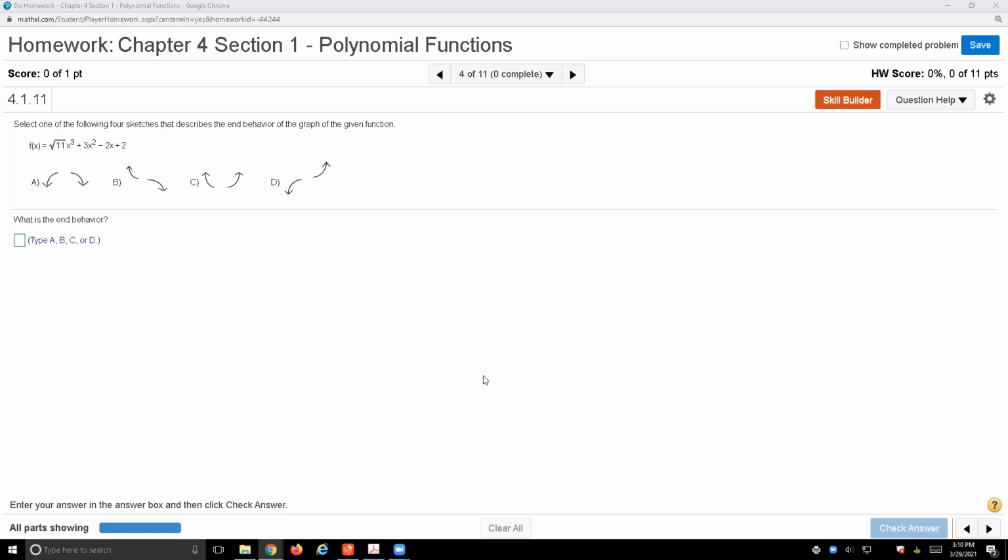So since the degree is odd, that means both ends point different directions. Now, since the leading coefficient is positive, that means it's increasing. That means as it goes to the right, it goes up. So this way we have a basic idea what it's going to look like.